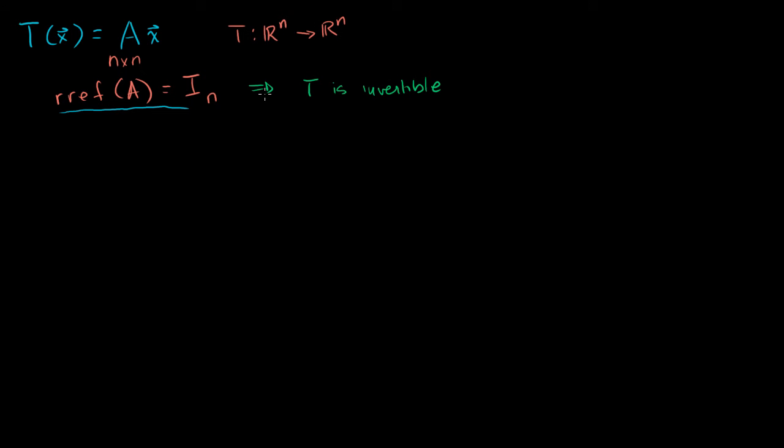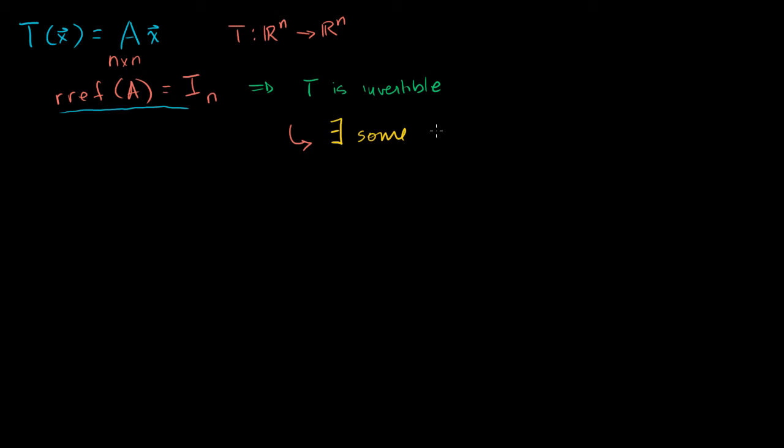But let's remind ourselves what it even means to be invertible. To be invertible means that there exists some, we used the word function before, but now we're talking about transformations. They're really the same thing.